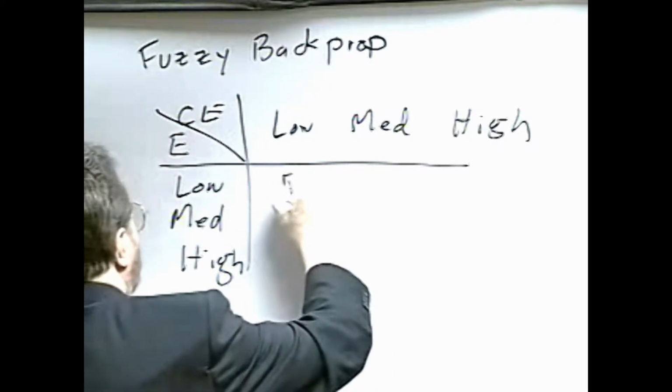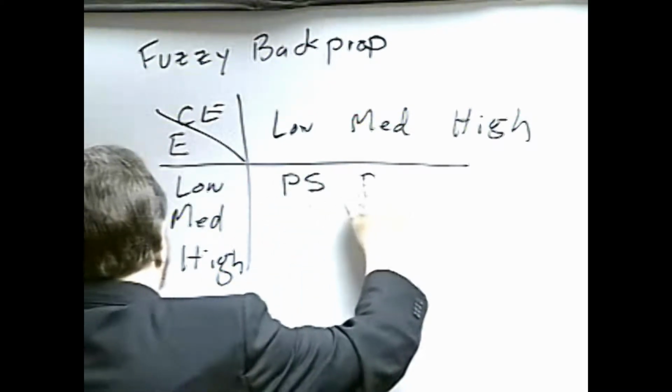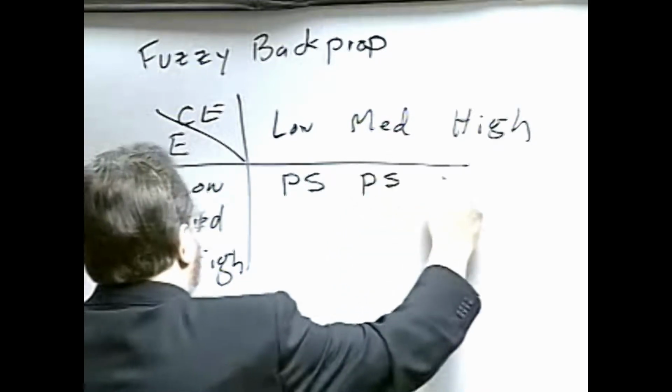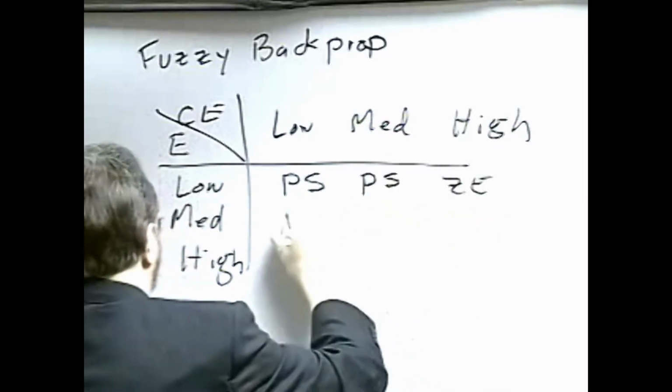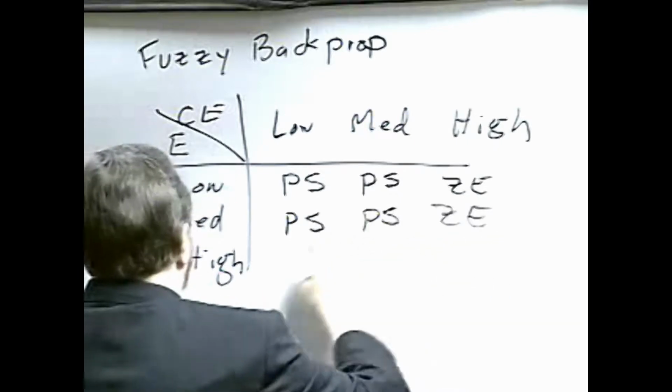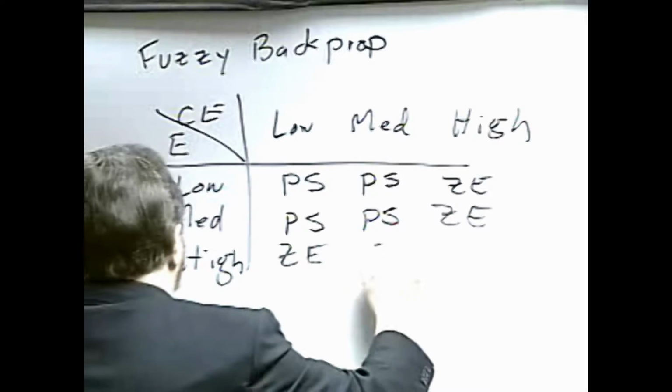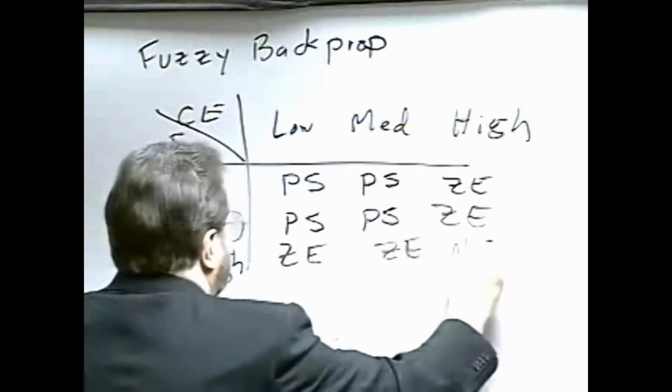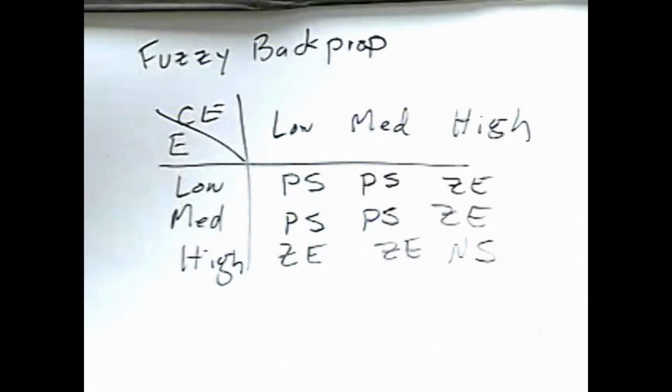And here is a table which has been suggested. Now these are standard sort of abbreviations for changes. The PS is positive small, negative small, and 0.